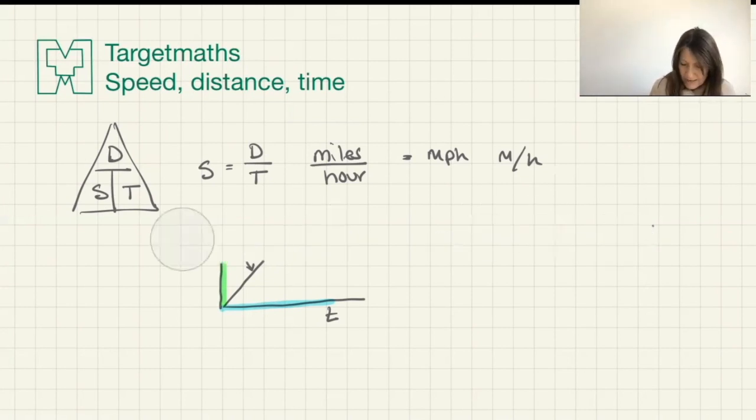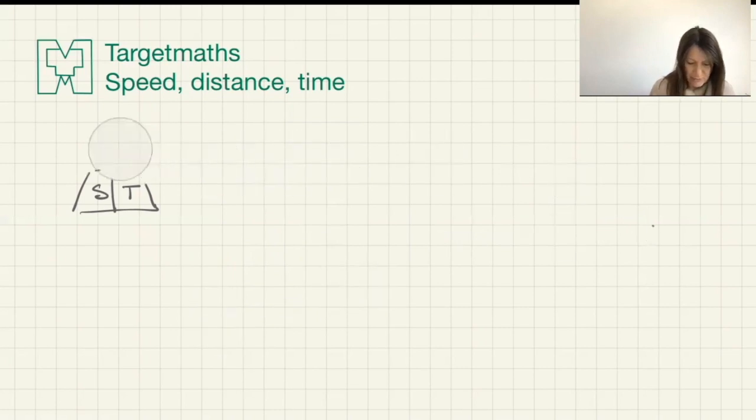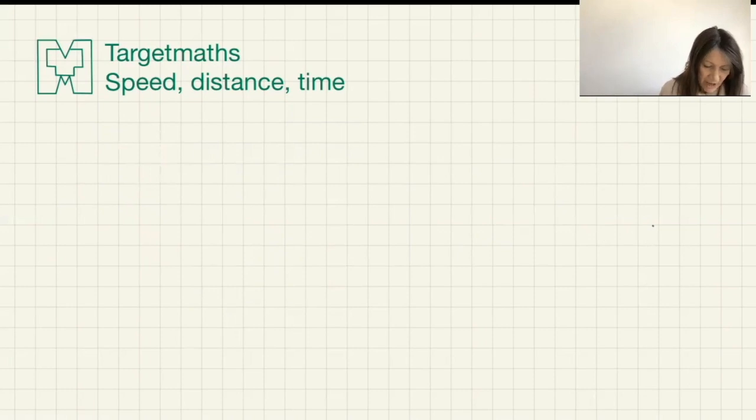We are going to have a little look at time just for a moment, because time can be a tricky little sucker. They pop it in certain ways that literally lead you into making certain errors. So for example, if I've got the question given to me in hours and minutes, let's say they've given me 1 hour and 30 minutes.